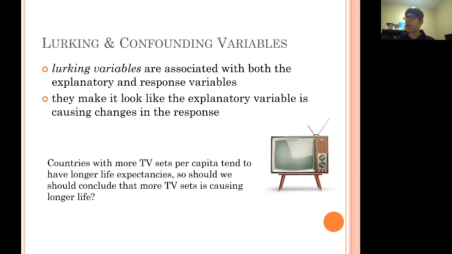The first thing we want to do is figure out, based on the question we have, what are the two variables that we're looking at? What's the explanatory variable and what's the response variable? So let's figure that out first. We have the number of TV sets. Okay, so that's one of our variables. And we have life expectancy as another variable.